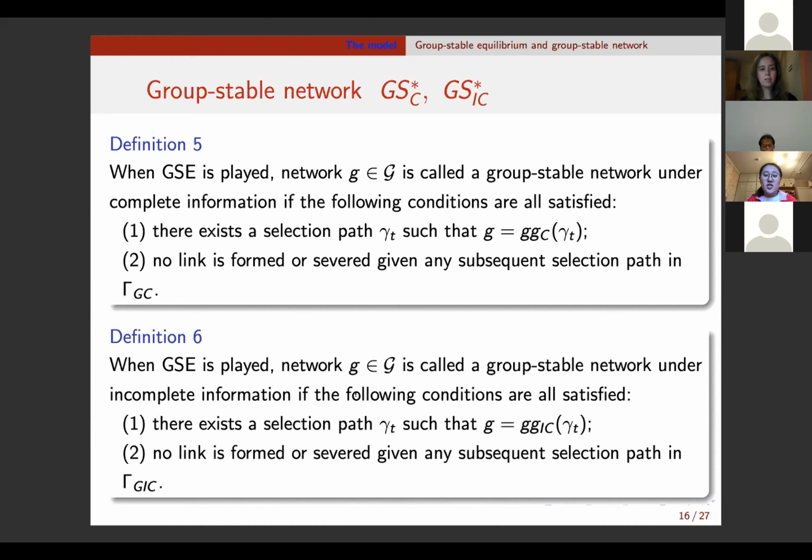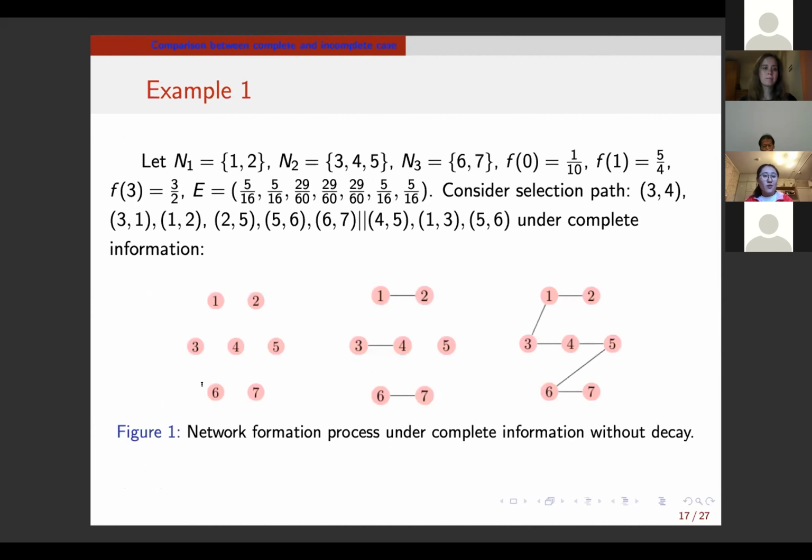The same definition can be made under incomplete information. Below, we will consider two examples which give us a clearer insight into the model.